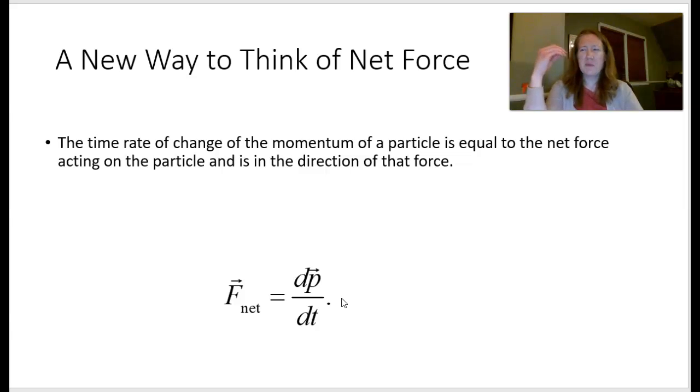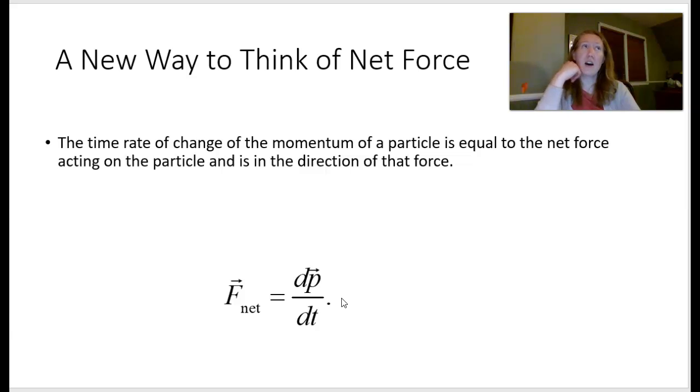Since mass is just a constant, you can pull that out of the first derivative, and then you realize that force is also the derivative of momentum.